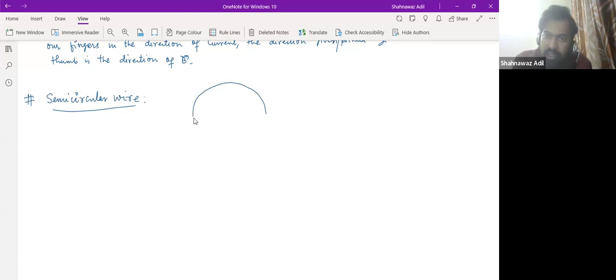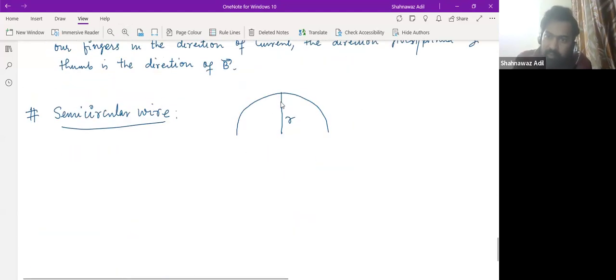Every calculation would be the same, right? This is the R distance, and this is dl. And let's say the current is flowing in this direction of dl. Again, the angle theta is 90 degrees, right?